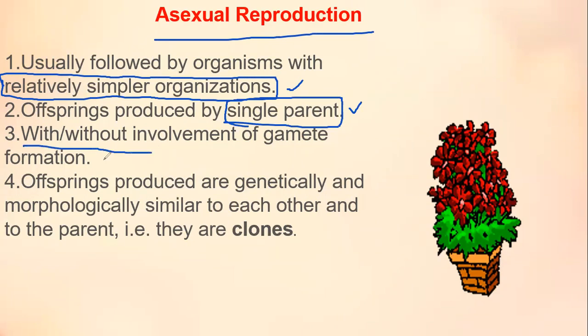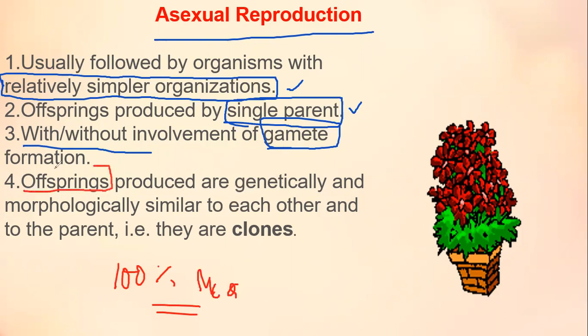They involve reproduction with or without the involvement of gametes. Gametes may or may not be included. The most important and 100% direct MCQ that comes from this slide is that the offsprings formed as a result of asexual reproduction are genetically and morphologically similar to their parent.